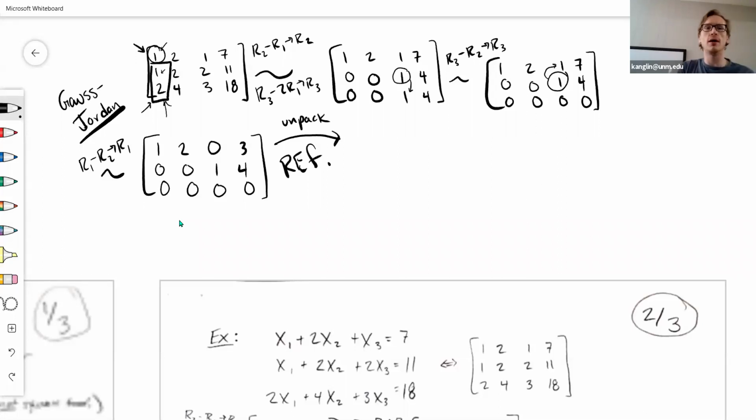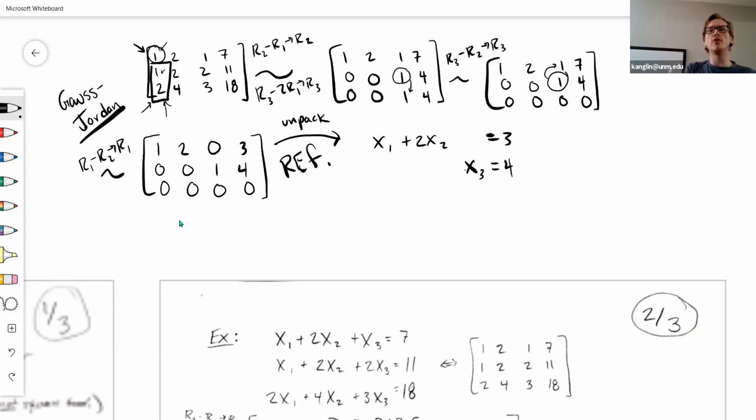So the first row of our matrix would unpack into the equation x1 plus 2x2 plus 0x3, which we don't even have to write, equals 3. Next line, 0, 0, 1, 4, that row would read 0 times x1 plus 0 times x2, don't even have to write those, plus 1 times x3 equals 4 on the other side.